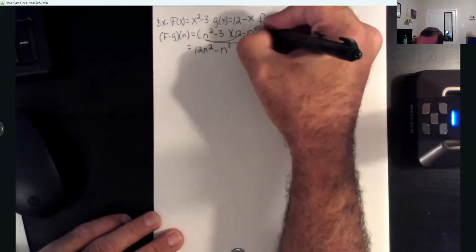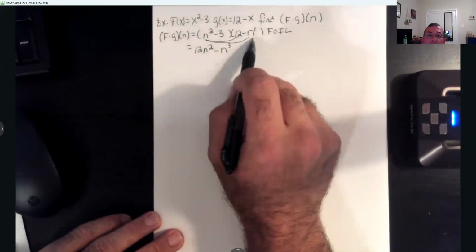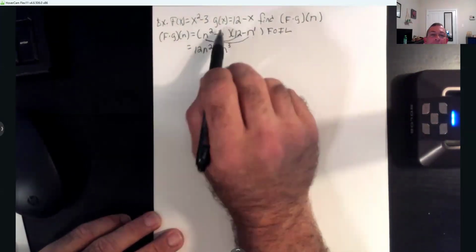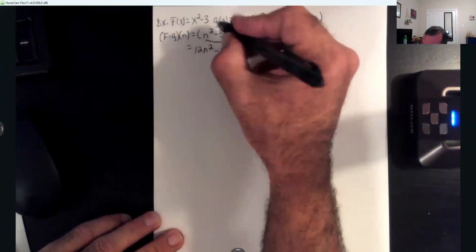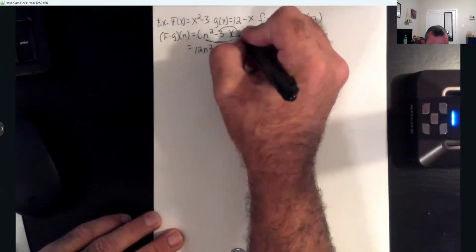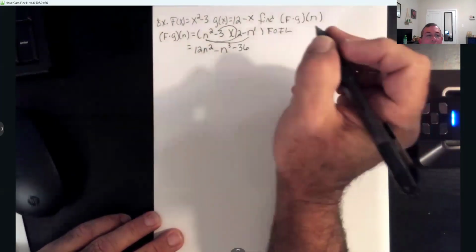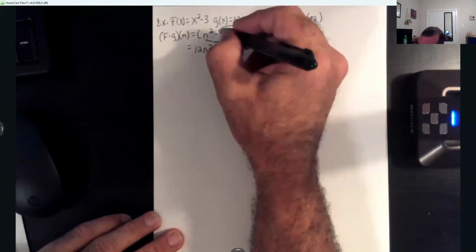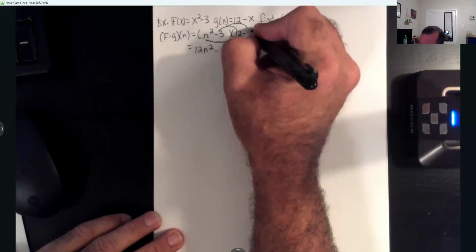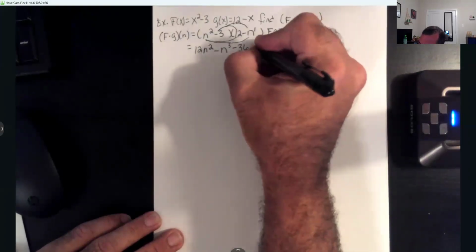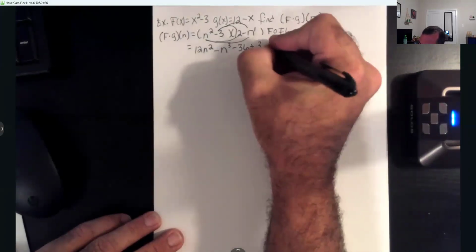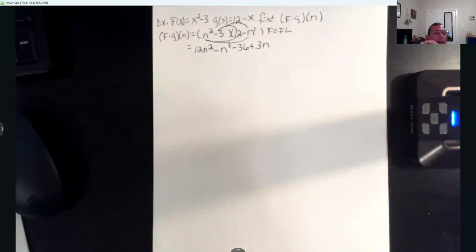Remember, there's an exponent of 1 there, and I'm just adding the exponents. Now distribute the negative 3 times the 12, which is what, a negative 36. And y'all finally, the negative 3 times the negative n is a positive 3n. So it looks like the only thing we got to do is put them in order.